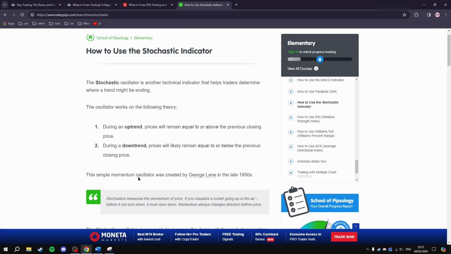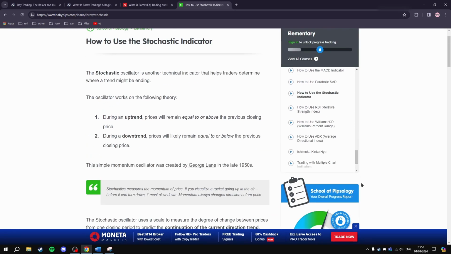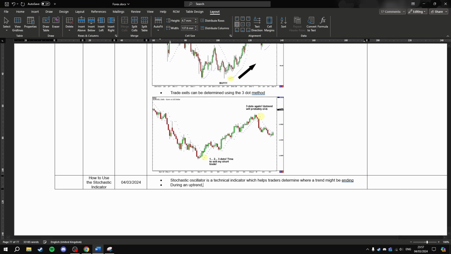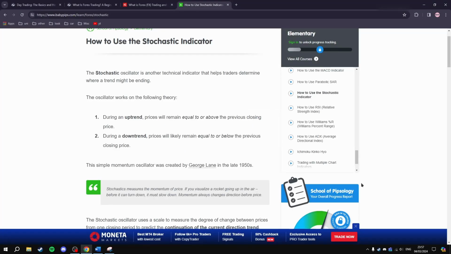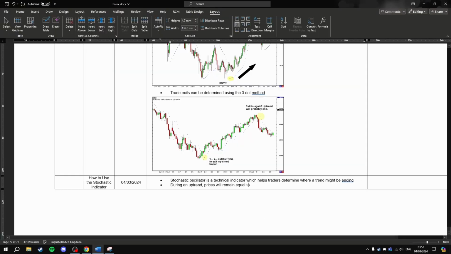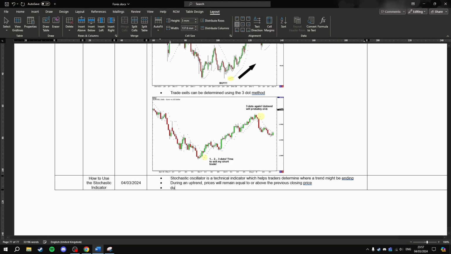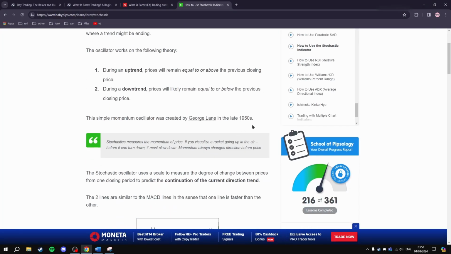This simple momentum oscillator was created by George Lane in the late 1950s.